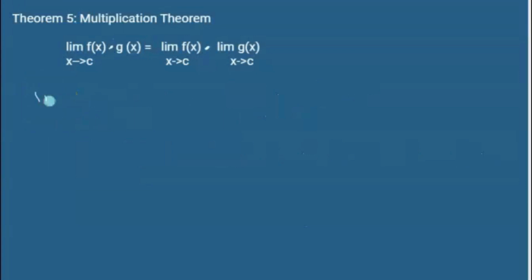Let's have another example. Let's have the limit of 4 times 3x plus 2 as x approaches 2.